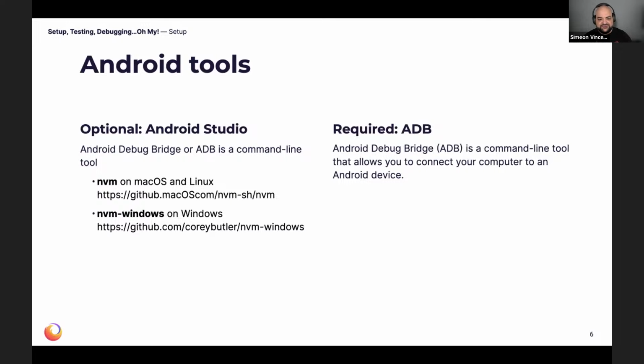Next, we're going to need to set up some Android-specific tooling. Now, in order to debug an Android device, you have to have ADB installed, or Android Debug Bridge. This is a tool developed by Google as part of the Android open source project. You can optionally also install Android Studio.